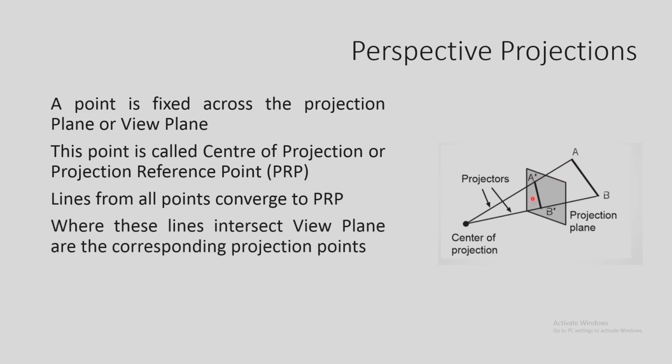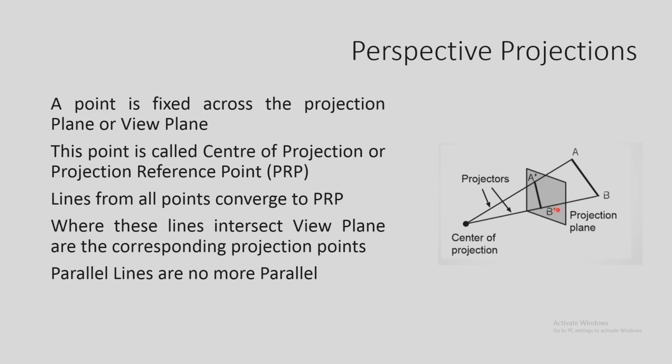So this is the view plane, this line intersects the view plane at this point A dash depicted in this diagram. So this is the corresponding point of projection of A. So similarly B is projected at B dash, means the lines intersect the view plane at the points, and these are the points of projection of corresponding point of the object.